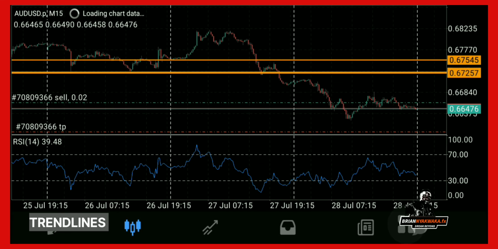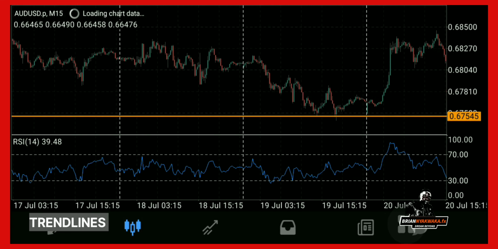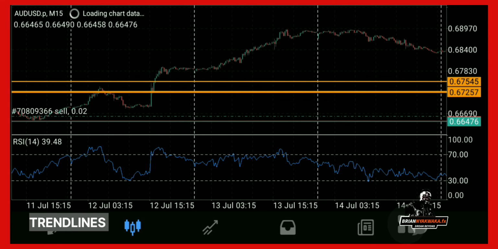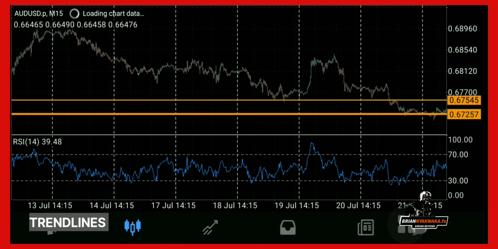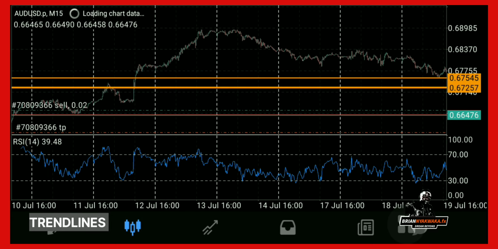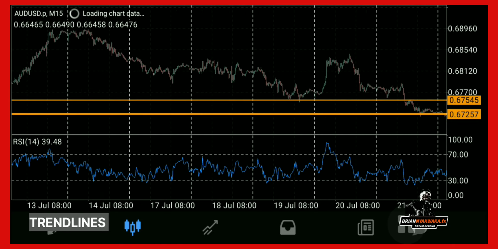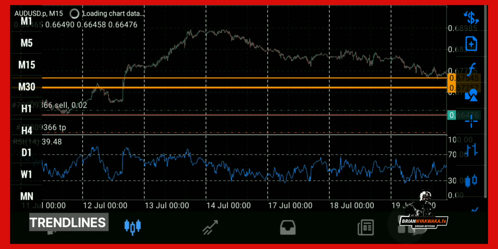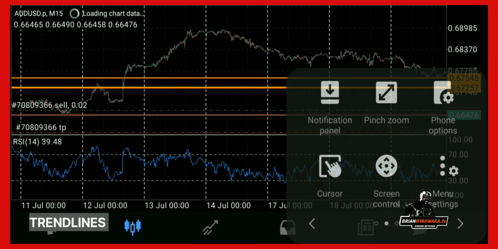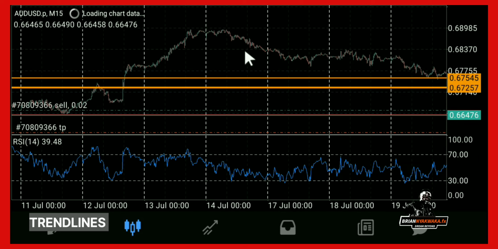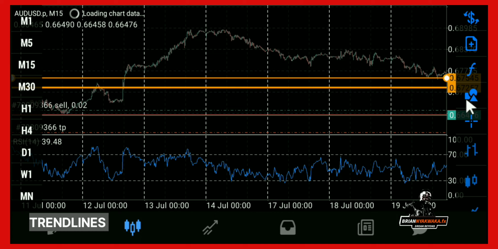So, let us find where the chart is on an uptrend. Now you can easily identify the support areas. For example, this is MetaTrader 4. And how do you find a trend line on MetaTrader 4? We have these symbols here.